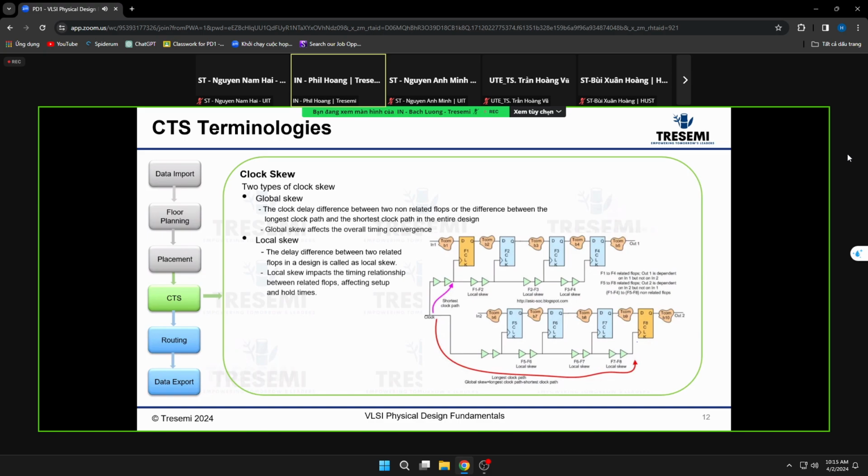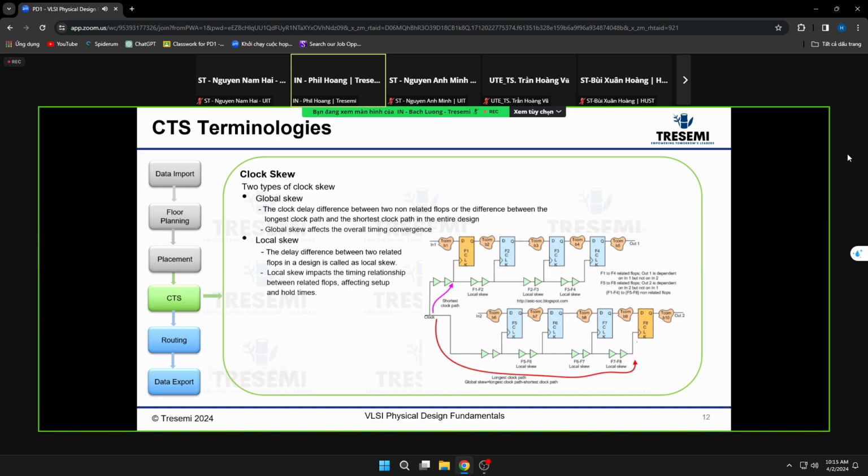But when you have a huge network of flops, to have minimum skews you are forced to have a long latency, meaning many buffers dividing all the load into something manageable to get good skews. So your local skews on the bottom might be small, but if you have only 2 trees, one small and one large, then you are forced to have very large global skews. You don't want to make the two the same.